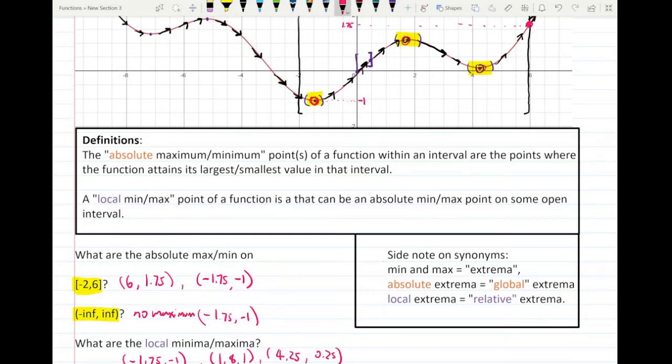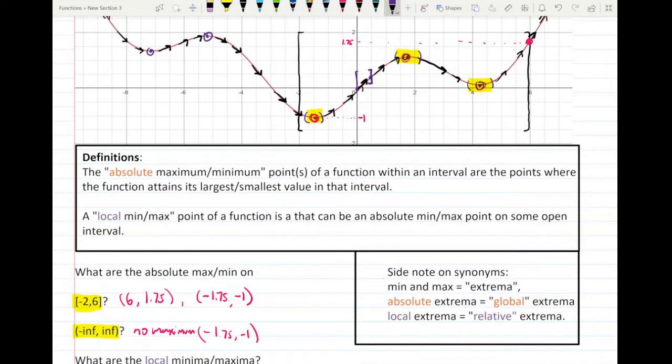Notably though, if we widen our field of view that much, we find two more local minimum and maximum, which I'm circling in purple right now. There's the one at about minus 7 horizontal distance and about a height of 1.5.